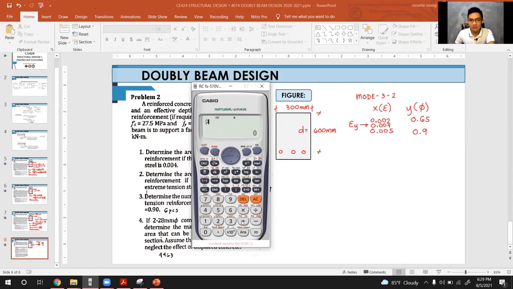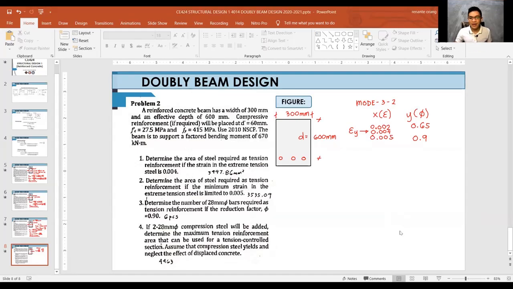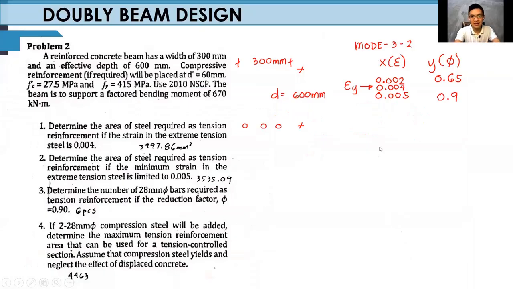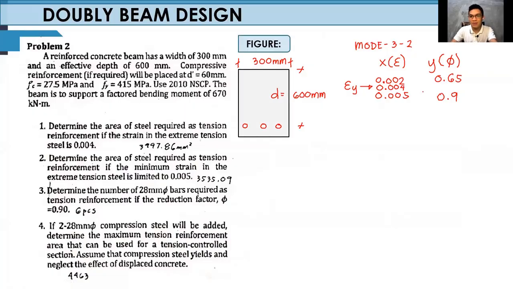Y hat, which is 5 pa din. So therefore, yung ilalagay natin na value is 0.004. Ano yung corresponding niya na value ng phi? That is 0.8167. I-round off na lang natin to the nearest 4 decimal places. So, 0.8167 siya. Okay? Ayan, so balik tayo dito. Sulat natin yung phi equals 0.8167.